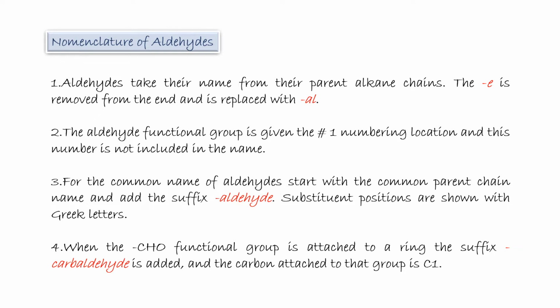Nomenclature of aldehydes. Aldehydes take their name from their parent alkane chains. The E is removed from the end and is replaced by L. The aldehyde functional group is given number 1, and this number is not included in the name, but we consider it number 1 and count from there.